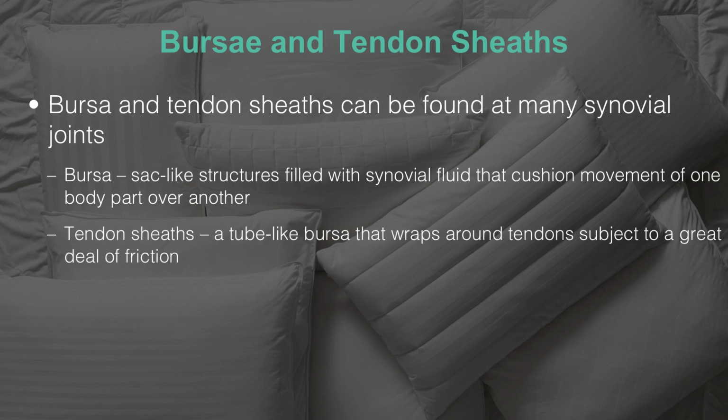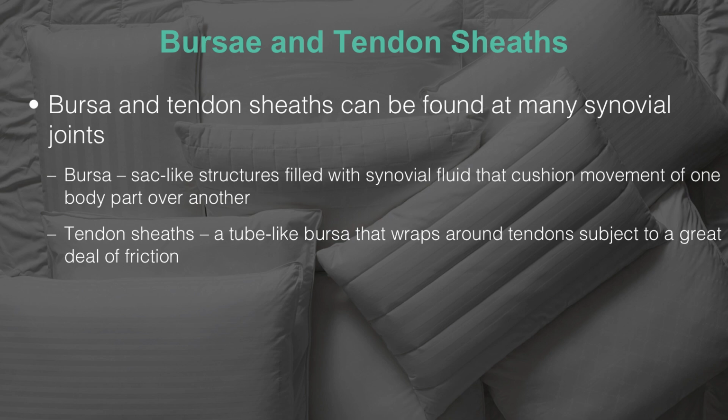And tendon sheaths are very similar, only instead of being a pillow, it's a tube that wraps around any tendons in the vicinity that might otherwise cause friction and wear and reduce the longevity of that joint. So it's a tube-like bursa that wraps around the tendons that are subject to a great deal of friction. And I'll show you examples of these in the knee. That's typically a good candidate joint to look at. Lots of wear, lots of force, lots of protection required at that joint to help keep it stable and working.